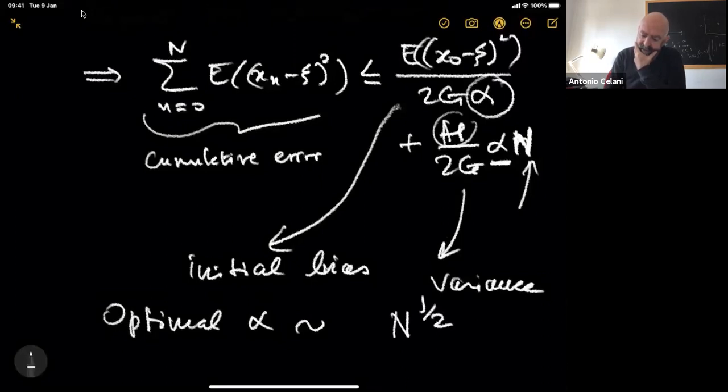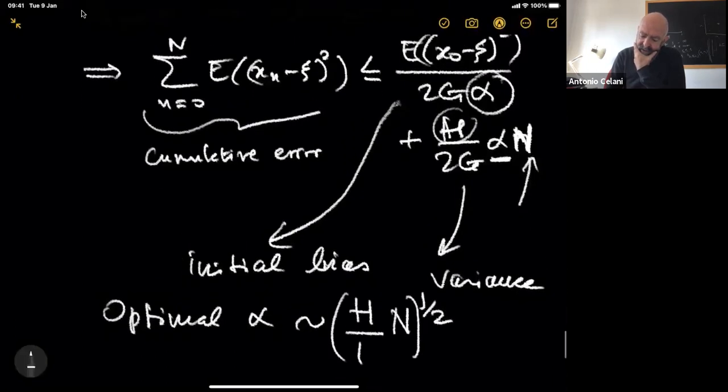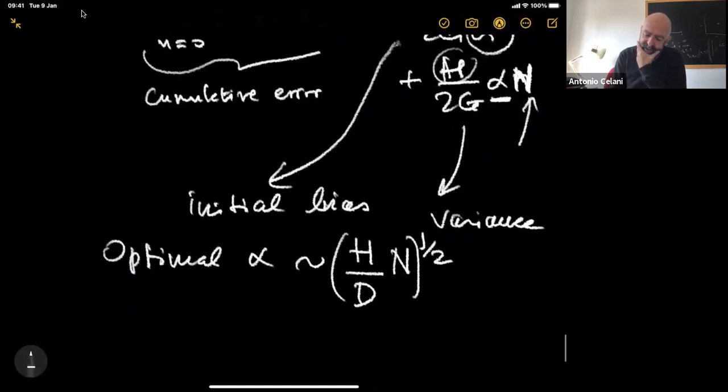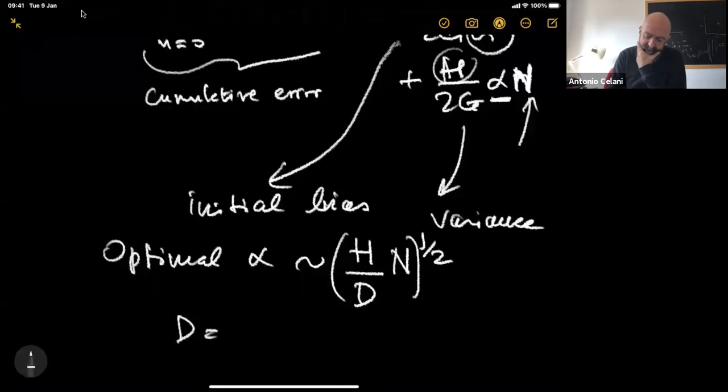And here you have on top of the square, this will be h divided by the initial distance, let's call this d, where d is the expectation of x naught minus psi squared.